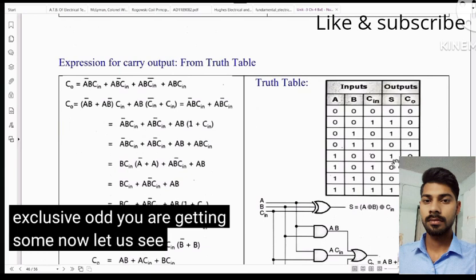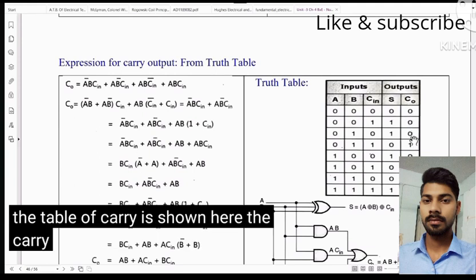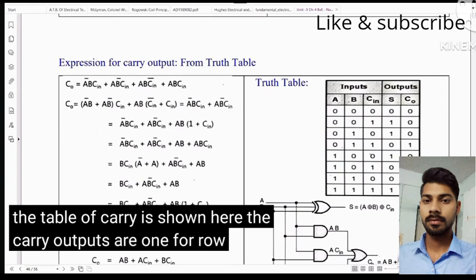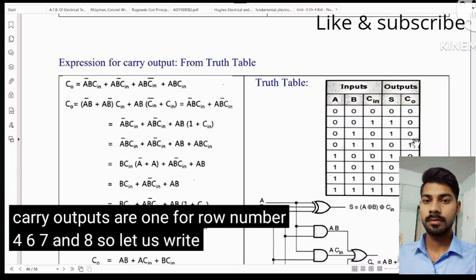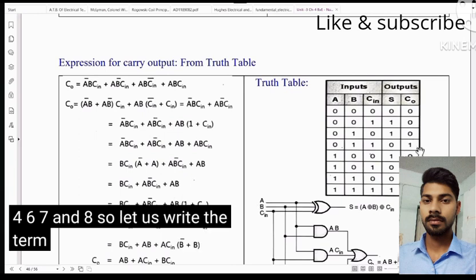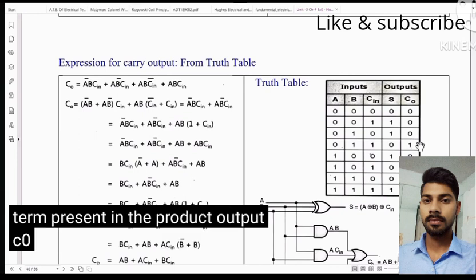Now let us see the table of carry. It's shown here. The carry outputs are 1 for row number 4, 6, 7 and 8. So let us write the terms present in the sum of products output C0.